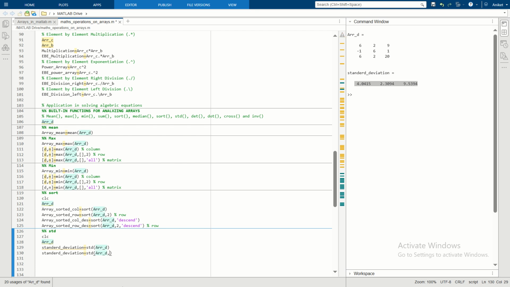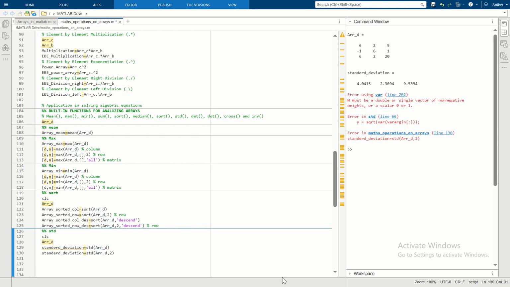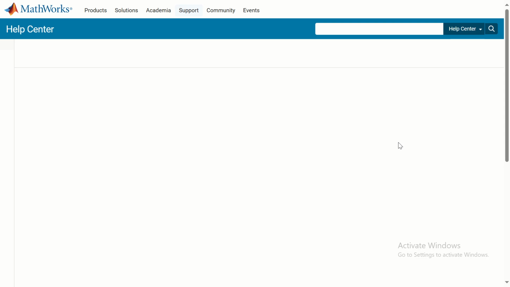And can we do it row wise like this? No, this is not the way. Yeah, so let me see what is in the help center. We took the wrong help.